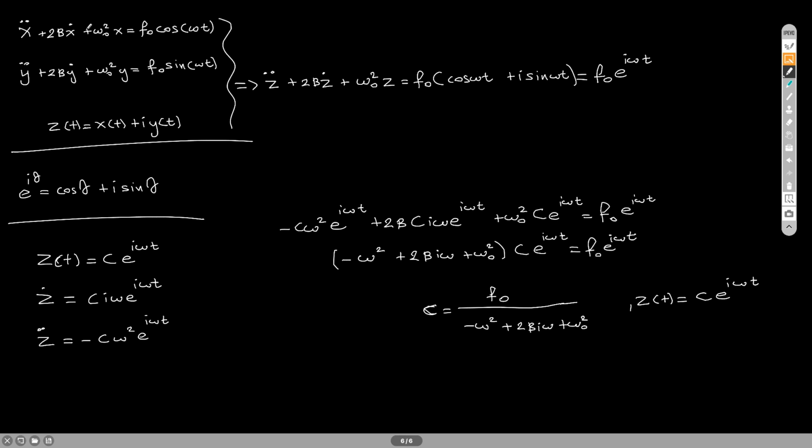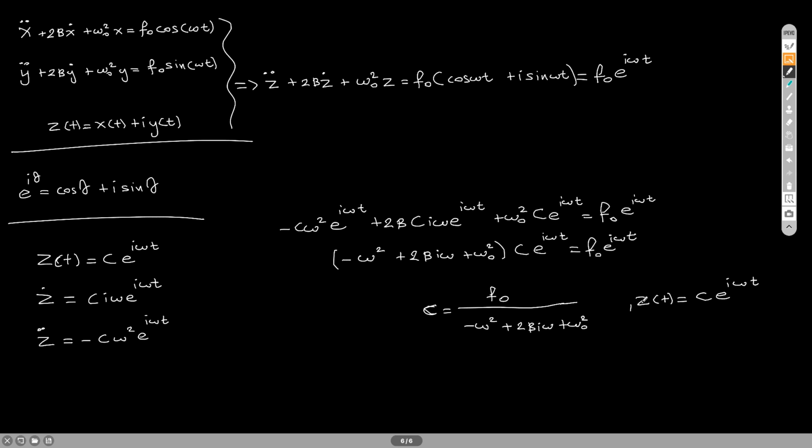This was the inhomogeneous differential equation that I started with. And remember, I did end up using imaginary numbers during this process. When I find the solution to this differential equation, I have to take the real part.